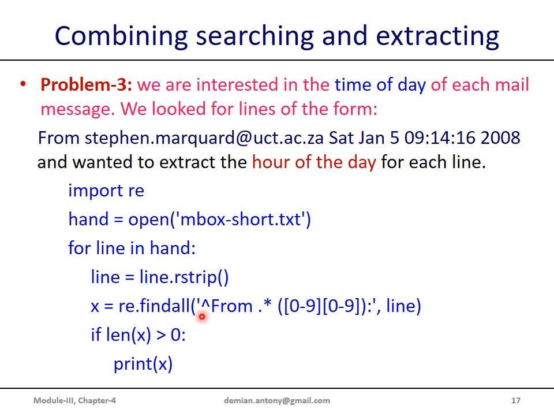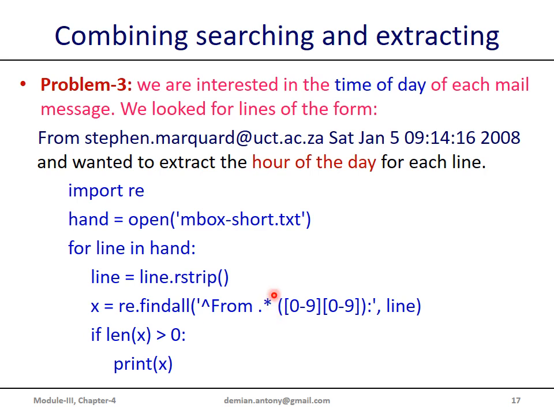So this is the program. The only difference is the regular expression. Caret from dot star will match all these things up to 5. Then I have put a space here. Here also you can see after from there's a space. Here also there is a space, one exclusive space. And after Jan 5 there is an exclusive space. Here one space.